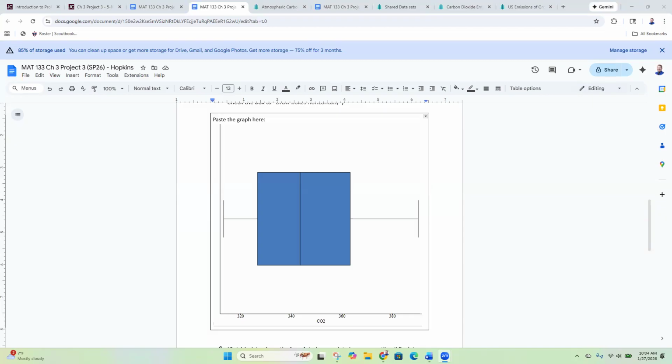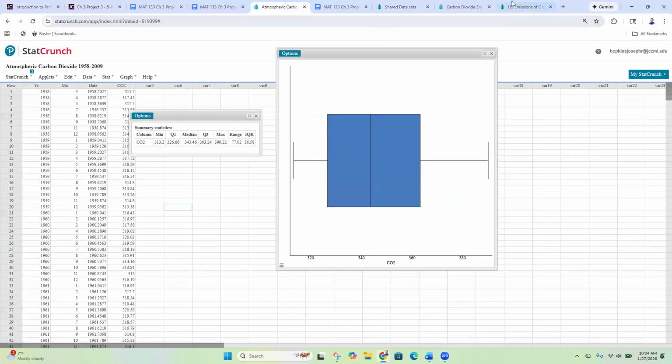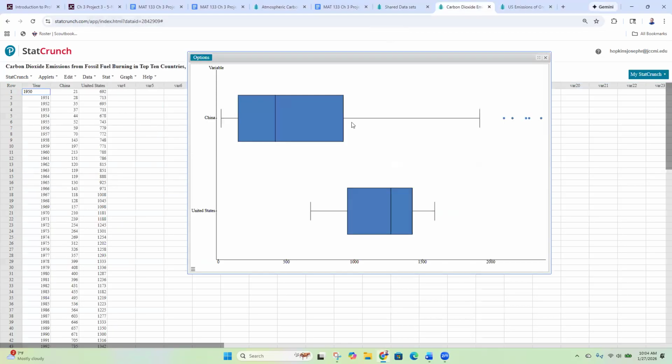If I'd wanted to do this same chart, where did it go? There it is. If I wanted to do the same chart with a box plot, I'd have to do a side by side box plot, which is readable, but it's not as readable. It doesn't give you as much insight as this visual does about how China is usually lower, but sometimes higher.